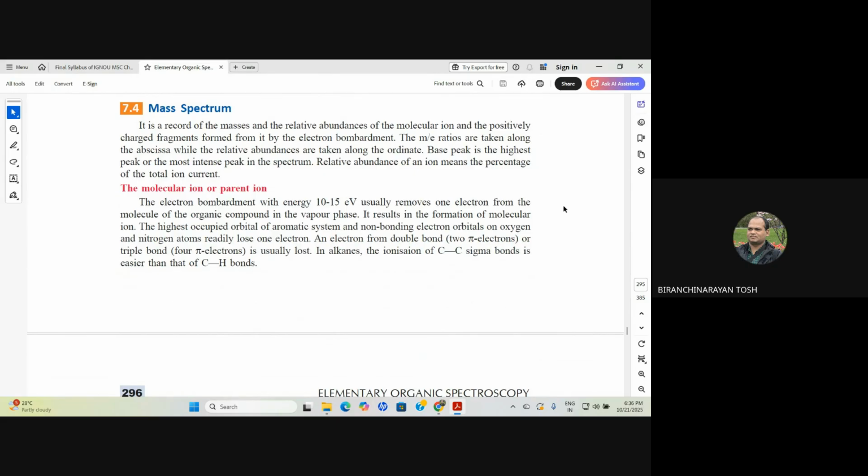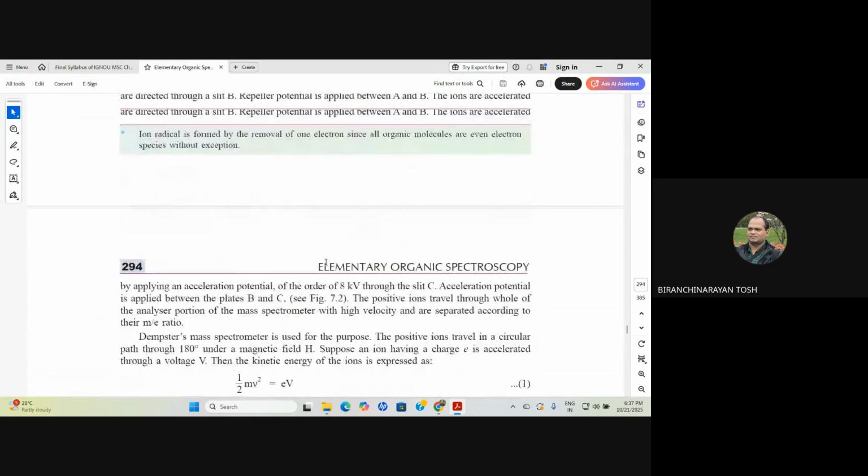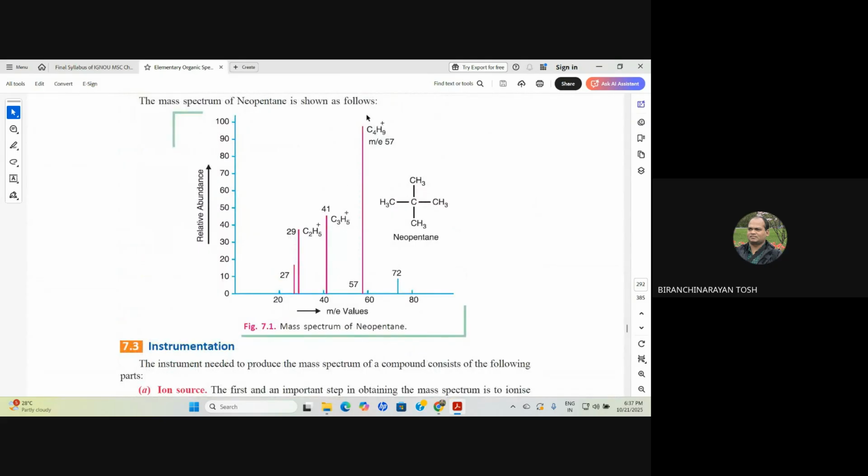Is it clear? The ionization of a CC sigma bond is easier than the CH bond. So that's why the relative abundance of the base peak is maximum, as you have seen in neopentane. The relative abundance of this peak is maximum.